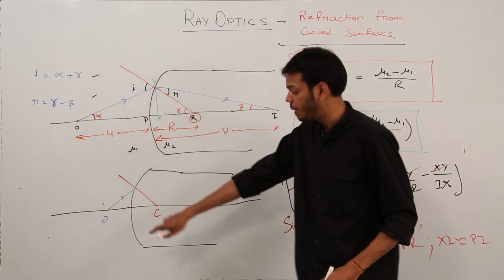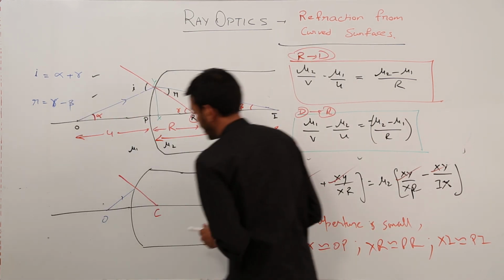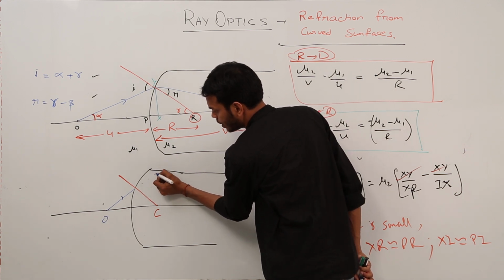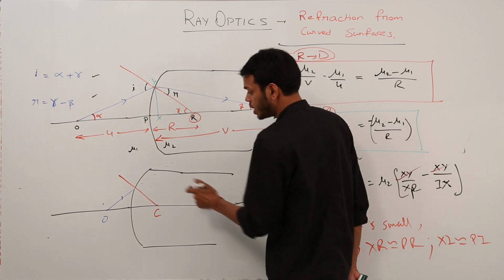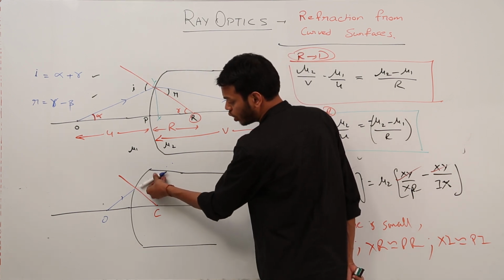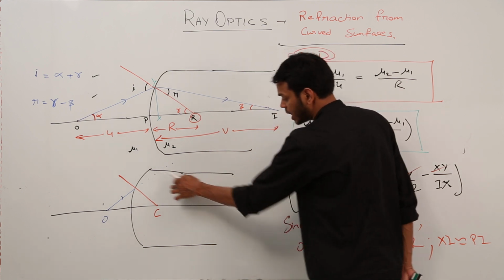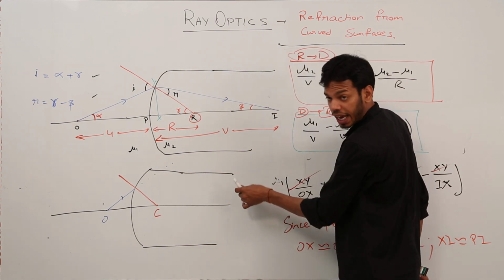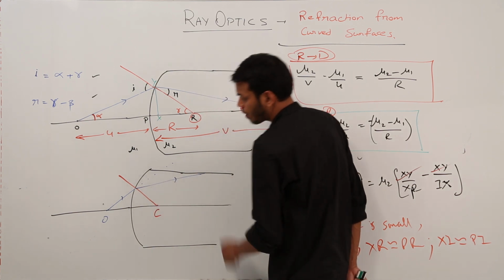This time you are going to mention it C, not R, remember. And then the ray, which should have gone like this in the absence of any other medium, will bend towards the normal, but it is not going to bend so much that it will meet this principal axis. Instead, it is going to meet the medium somewhere here.